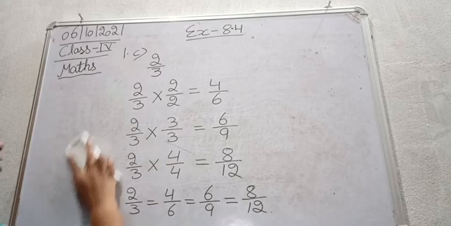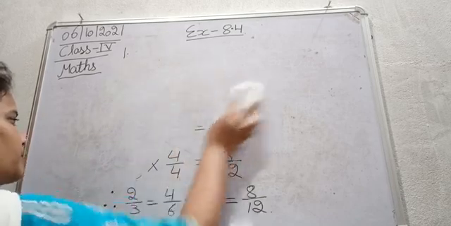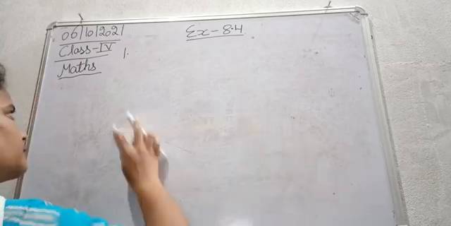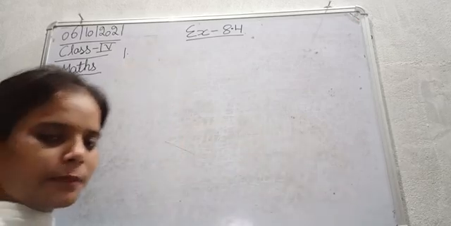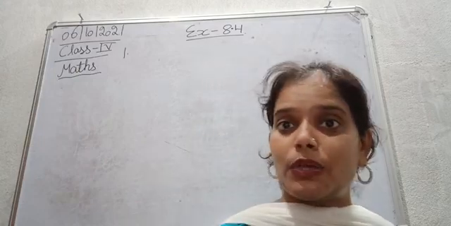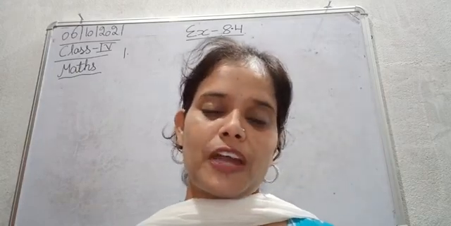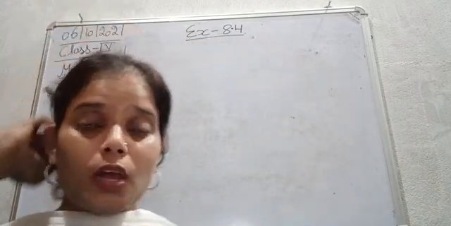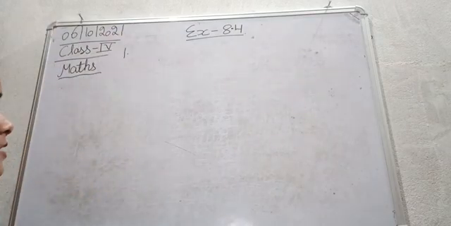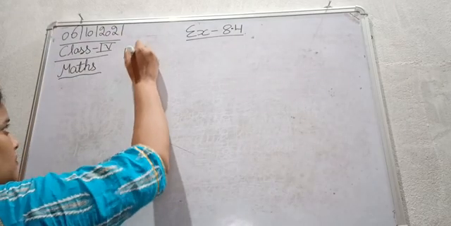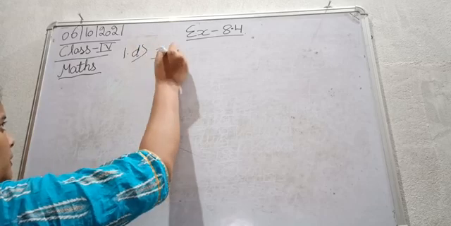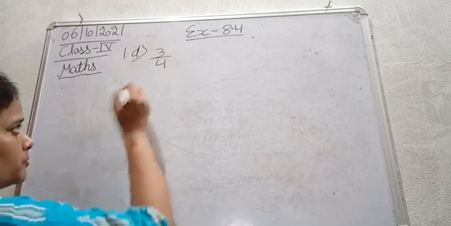Chalo. Moving next to the D part. Again, in the D part, we have to find the three equivalent fractions to the given fraction, that is 3 upon 4.